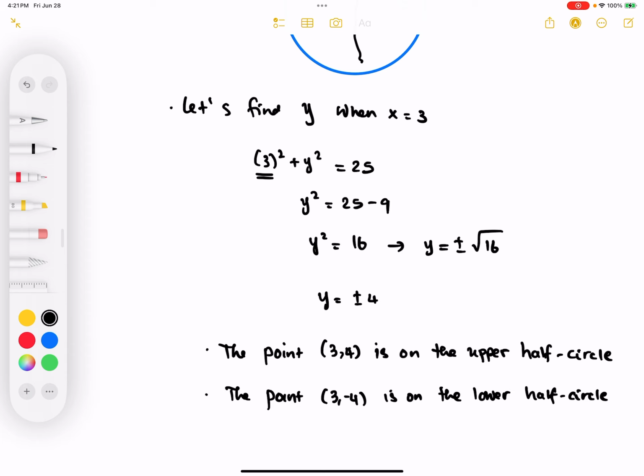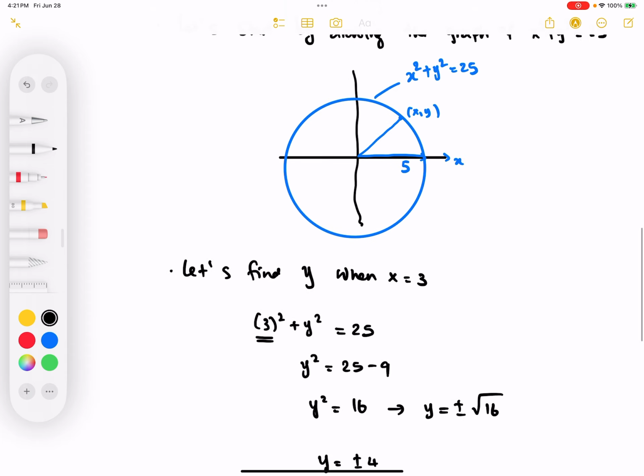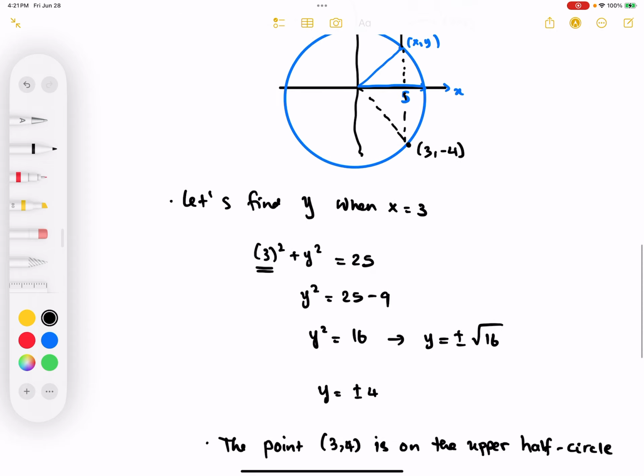When you indicate this, there is a point here, 3, 4. The other point is symmetric, 3, negative 4. So we have 2 points: the upper one at 3, positive 4, and the lower one at 3, negative 4.